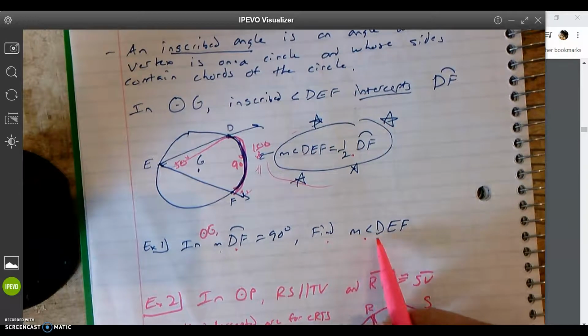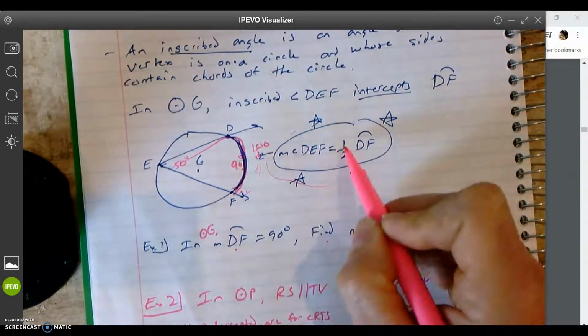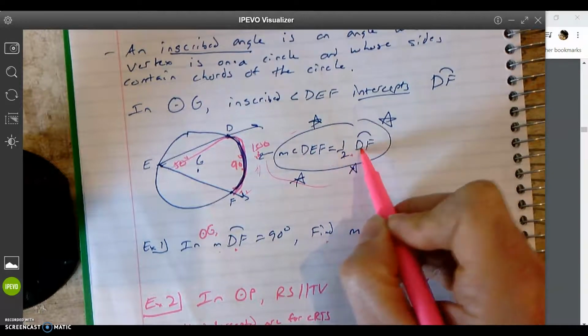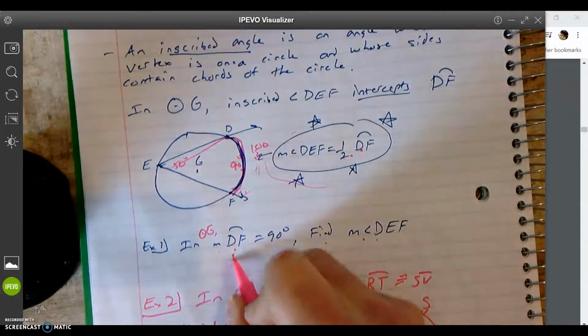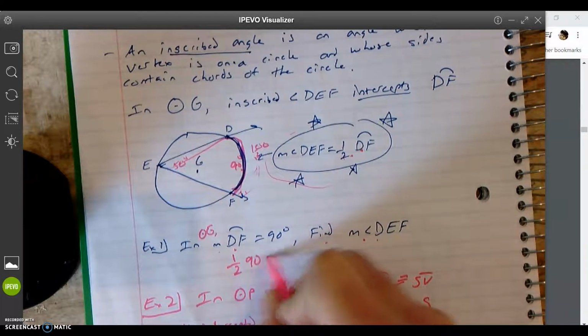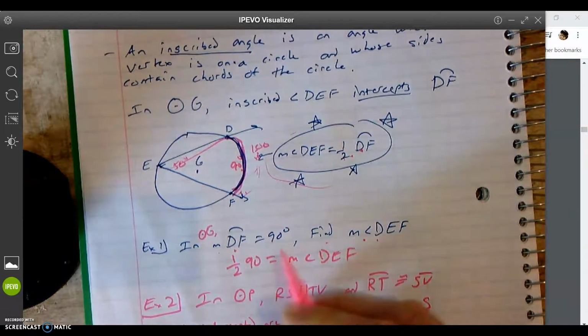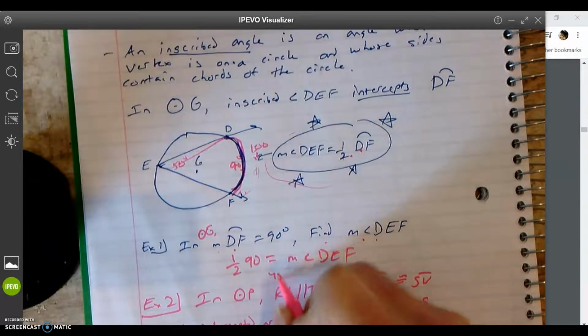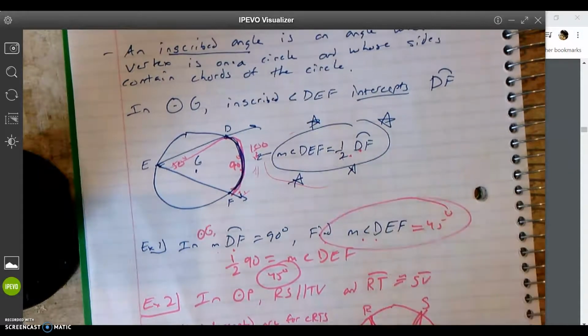Find the measure of the inscribed angle DEF. Well, we just went over that. Half of DF equals angle DEF. So half of 90 is going to be your measure of angle DEF. Half of 90 is obviously 45 degrees. That's the answer to this problem.